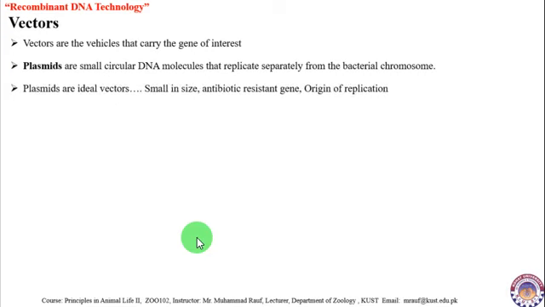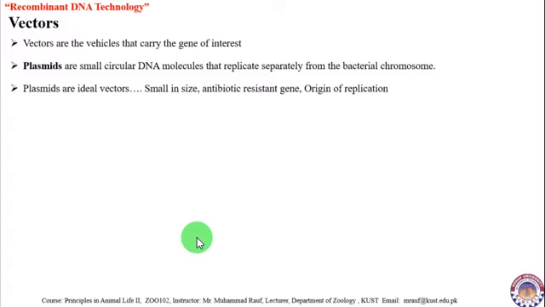Plasmids are ideal vectors. Why are they ideal? Because the transformation process is easy. They are smaller in size. They replicate independently. They have an antibiotic resistance gene which is used as a selectable marker. So they have all the features, but the problem with the plasmid is that they can only accommodate a gene of interest of very small size.